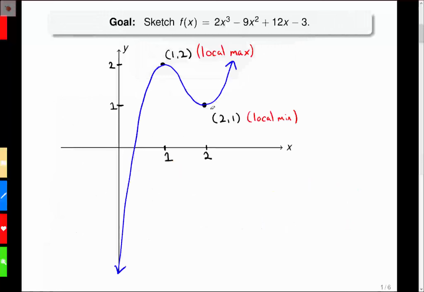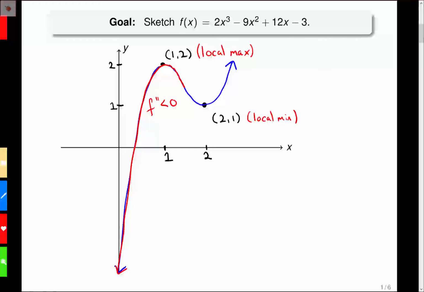Having found the all-important turning points, let's now talk a little bit about concavity and inflection points. Recall that the second derivative tells you about the concavity of the function. Specifically, at this part of the graph, which is concaving downwards, the second derivative would output negative values here.